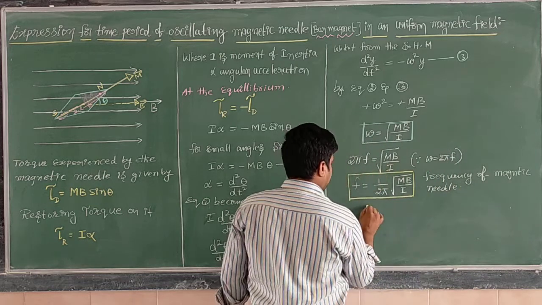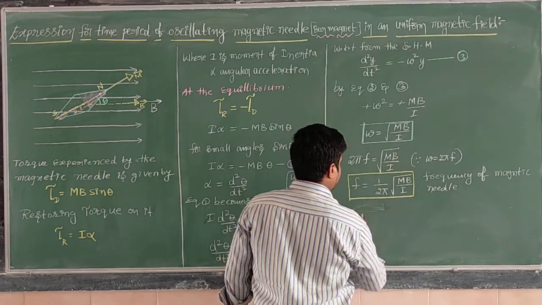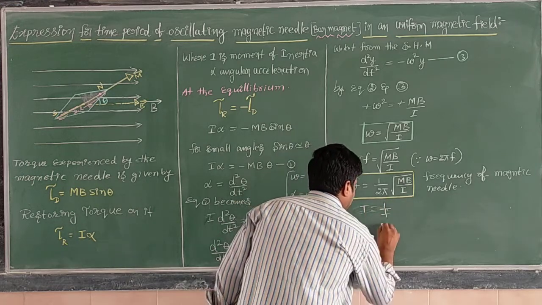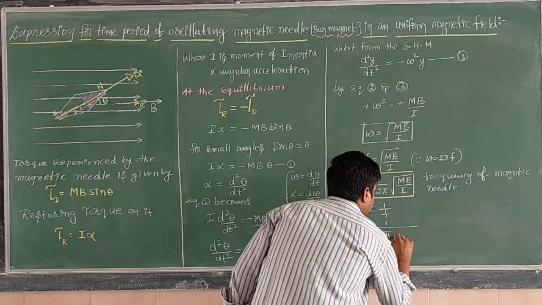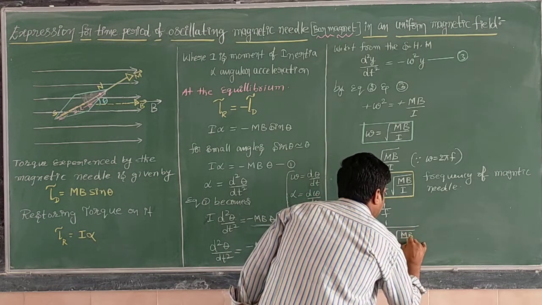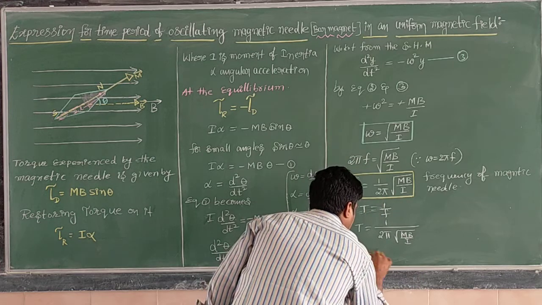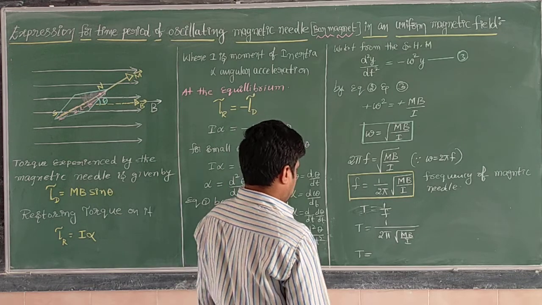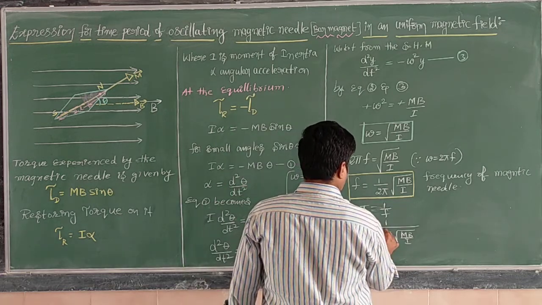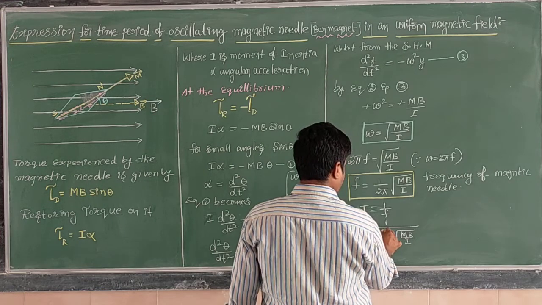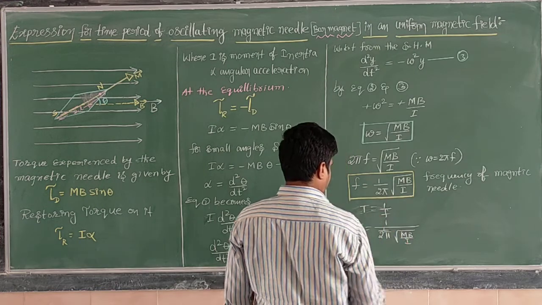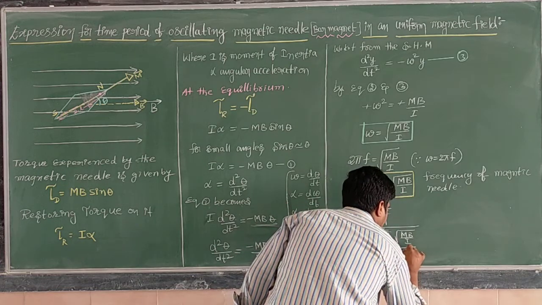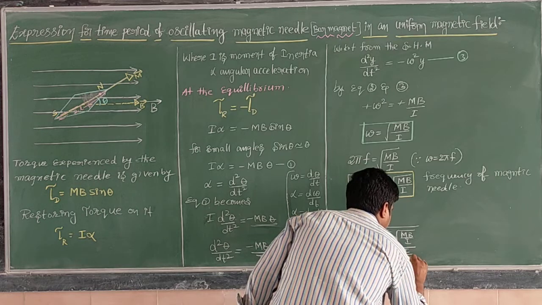But here we know that T is equal to 1 by f. So T is equal to 1 divided by f, that is 1 divided by 1 by 2 pi into square root of mb divided by I. So this will come to T equal to 2 pi into square root of I divided by mb.